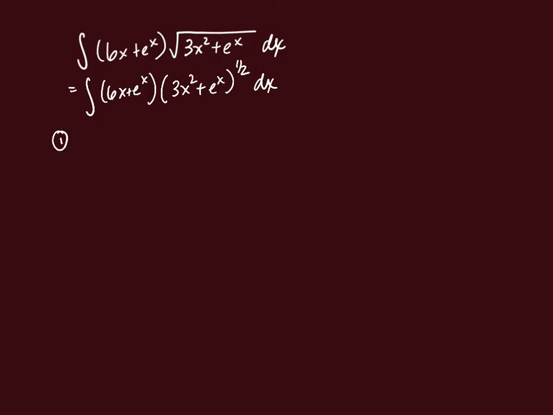And so in step 1 in U substitution, which is always choose your u, again, we want to think about getting our u raised to a power. Well, I have a power here, I have a 1/2, so perhaps I want to choose what's inside that power.